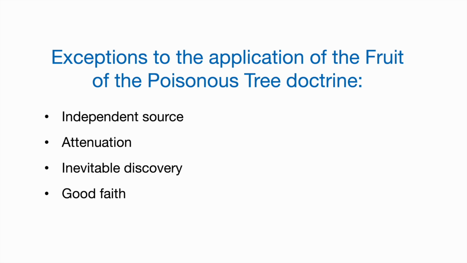So if the prosecutor has obtained evidence legally, and a law enforcement officer happened to do an illegal or improper search and find the same evidence, that officer's actions do not make what the prosecuting attorney found through an independent source unusable at trial.